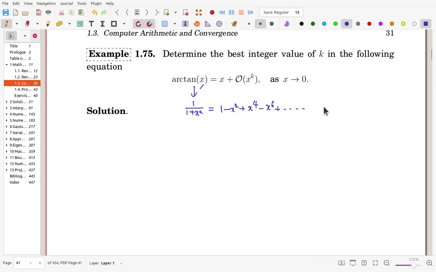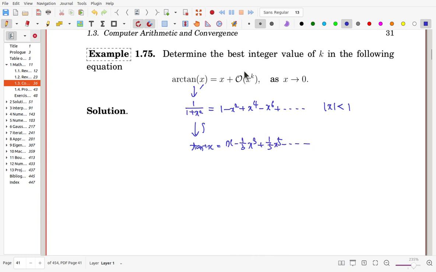This is convergent when the absolute value of x is less than 1. From this we take the integration. Then arctangent of x is the same as x minus 1/3 of x cubed plus 1/5 of x to the 5 and so on.